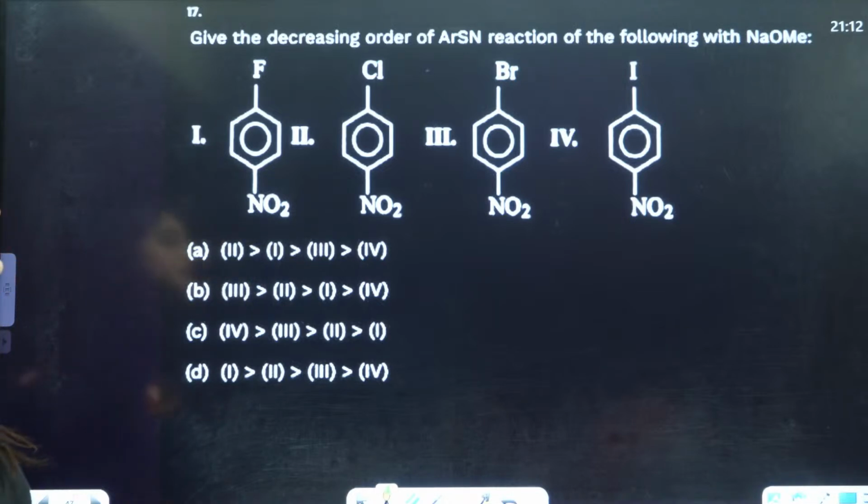So which is going to have the maximum rate here? Yes, students, which is going to show the maximum rate? Firstly, let us see that.